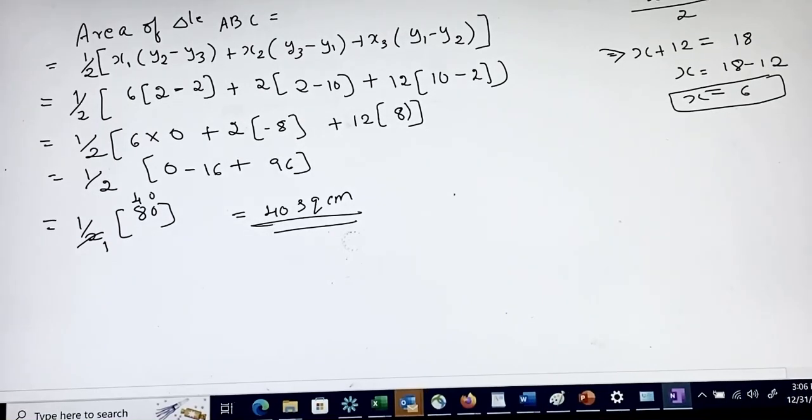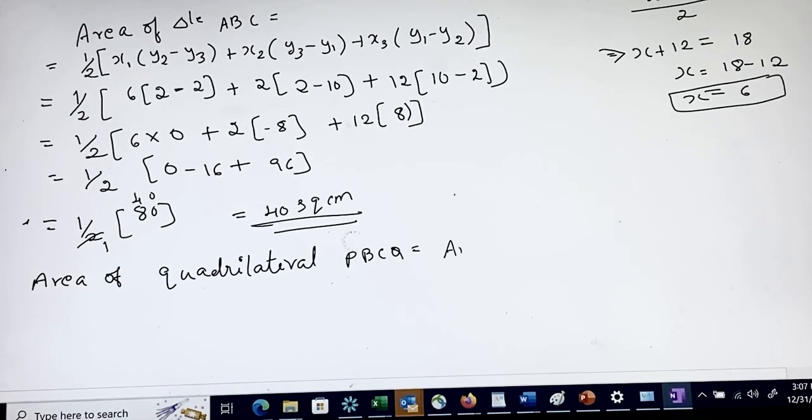Now area of quadrilateral, they have asked us to find the area of quadrilateral as well. So how do we find that? Area of quadrilateral PBCQ is equal to area of triangle ABC minus area of triangle APQ.